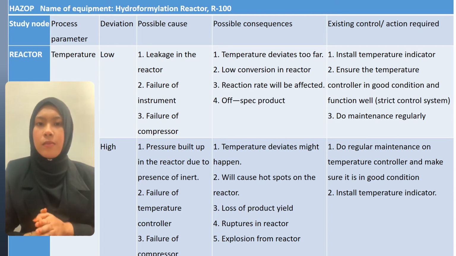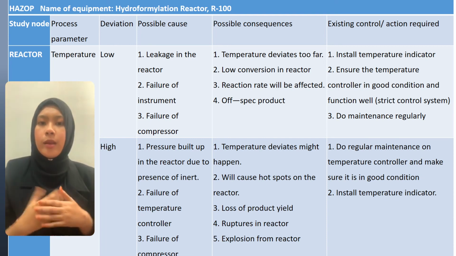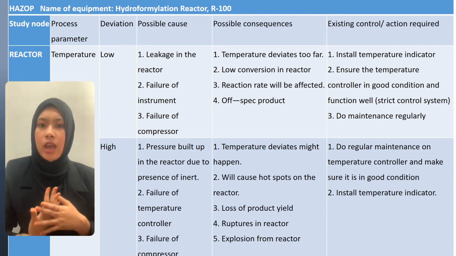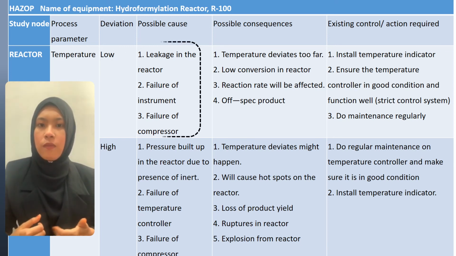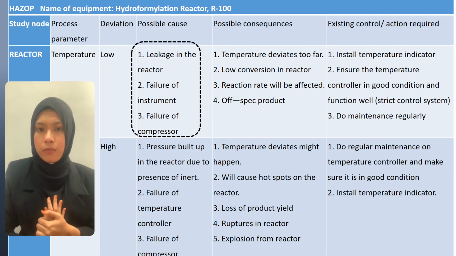HAZOP is a systematic way to identify detectable hazards in the workplace and propose several controls by following the SOP. This is an example of HAZOP for the reactor equipment, such as the process parameter for temperature. If it is a low temperature, it may be due to leakage or failure of the instrument or compressor.